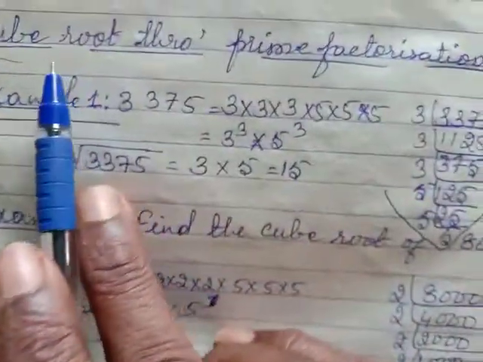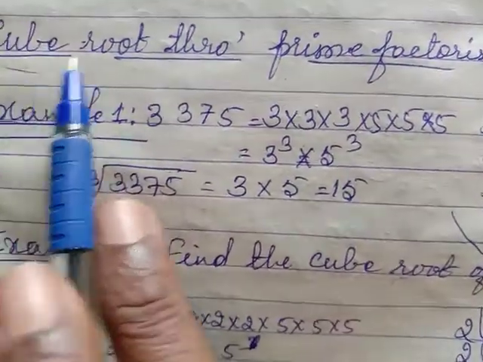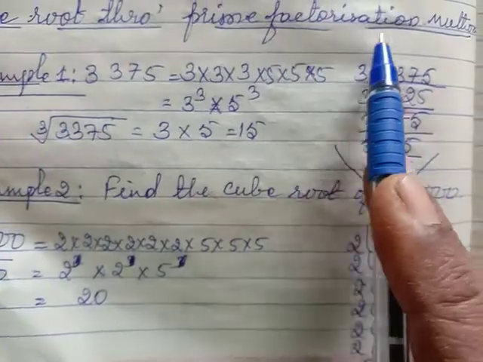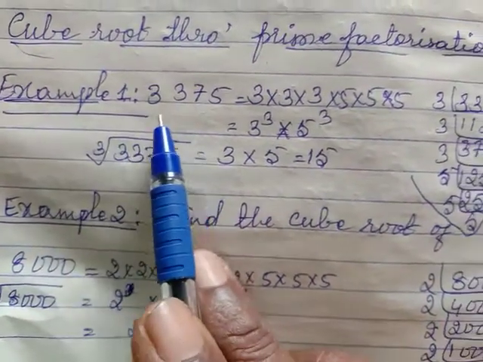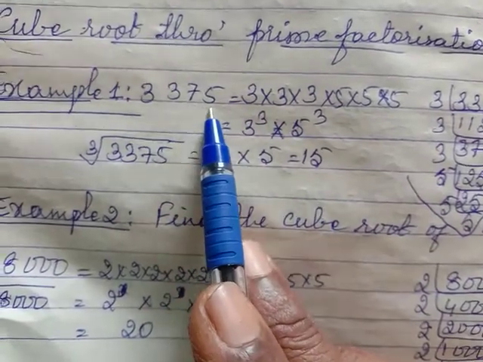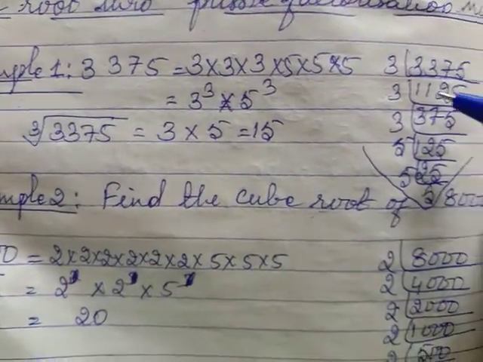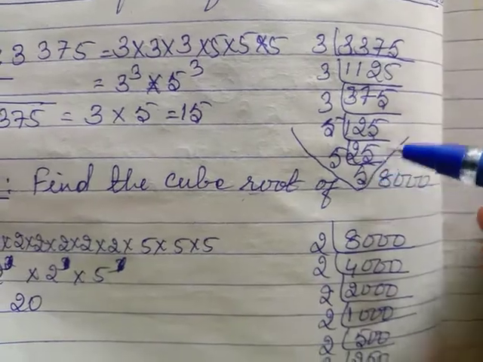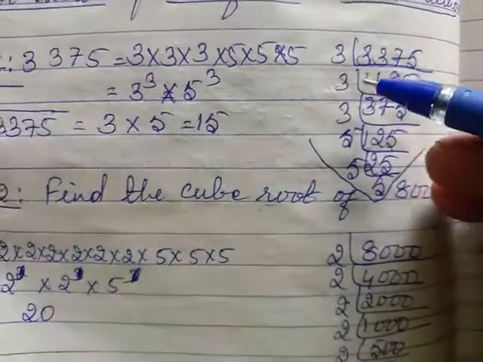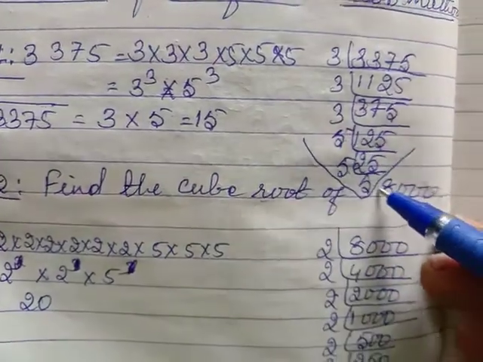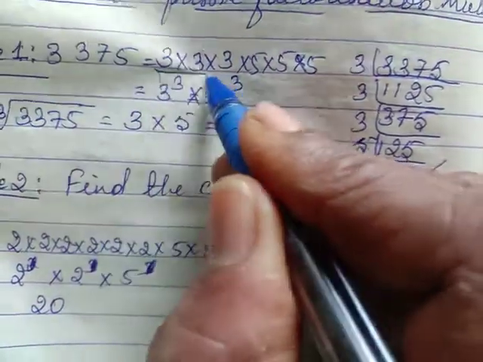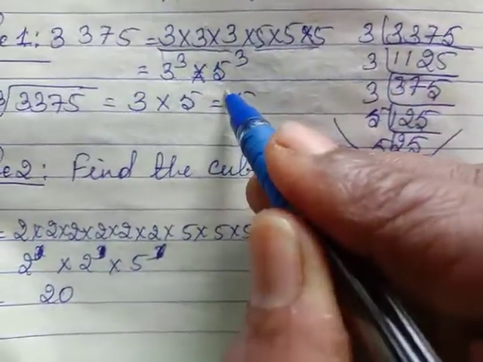Now, let us see cube root through the prime factorization method. Here is an example, 3375. In a similar way, factorize. After factorizing, we got 3 into 3 into 3 and 5 into 5 into 5, right? That is 3 cube into 5 cube.